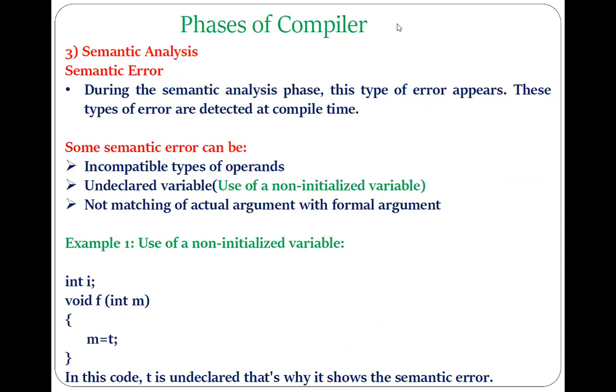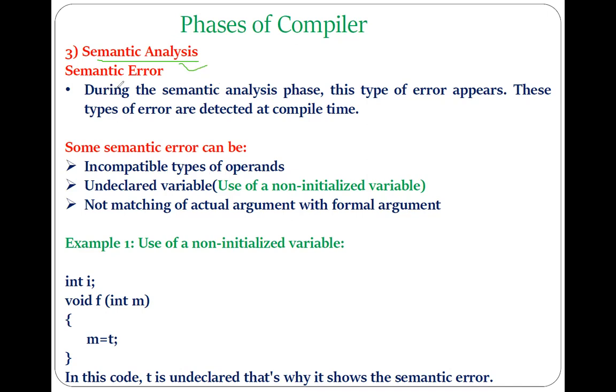So you now have the concept of the role performed by the semantic analyzer: for the source program written by the programmer in a higher level language, it checks whether that program is meaningful, whether it is semantically correct or not. If it is not semantically correct, then different kinds of semantic errors will be generated, which we are going to see.